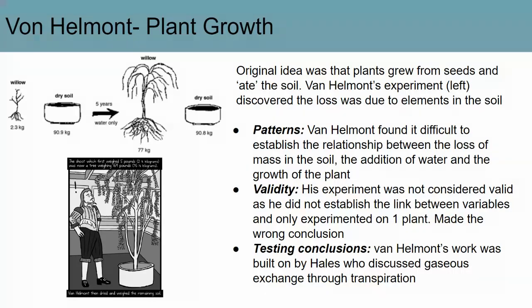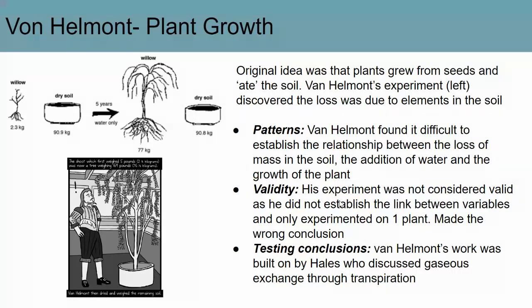So he found it difficult originally to establish that relationship between the loss of the mass, but he knew that he had added water to that plant over time, and in fact, the plant had grown. So we can see here that the willow tree itself started at 2.3 kilos with that dry soil of 90.9 kilos. After 5 years, just giving it water, the plant grew 77, but the soil, in fact, weighed the same.